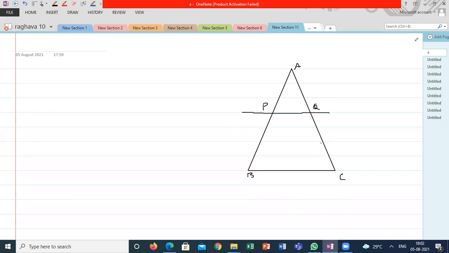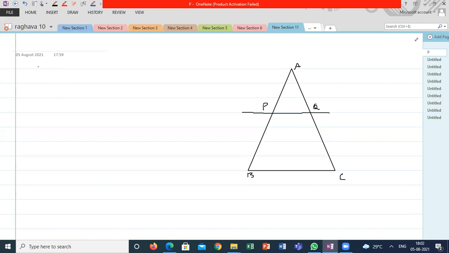It holds anywhere. Even if I take the line here, or here, anywhere on the triangle, irrespective of its position from vertex A to the base BC, any line parallel to BC divides the remaining two sides exactly in the same ratio.